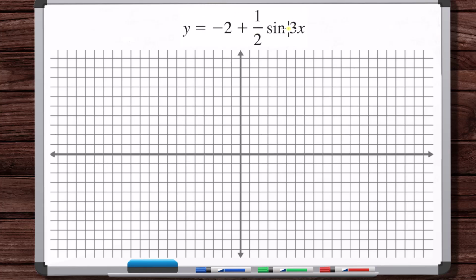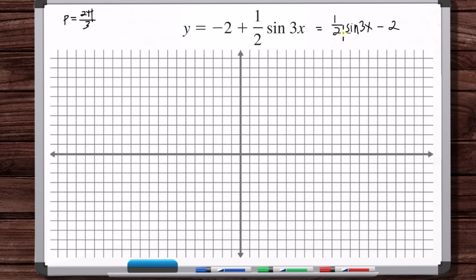Still we're not working with a combined y and x-axis shift, but in the last two problems we will. But here we've got 1/2 sine 3x minus 2. We've shrunk by a factor of 3 about the x-axis, so the period has gone from 2 pi to 2 pi over 3.